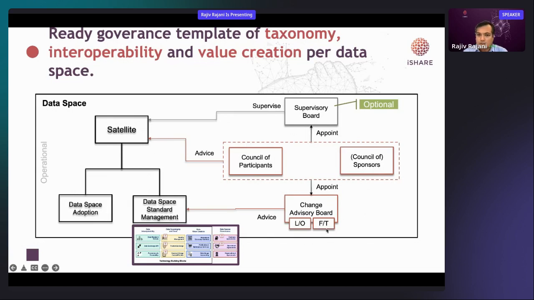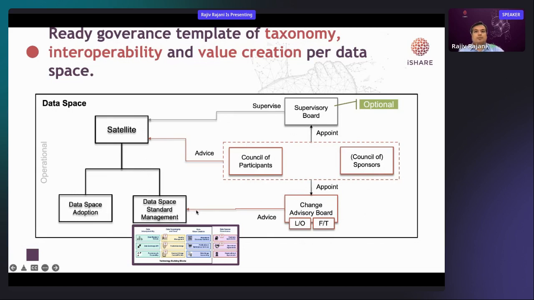And these boards are basically working groups, and the participants, since they are nominated people in each of these expertise areas, send legal experts, operational experts, functional experts, and technical experts, which are your elements within your data space standard.